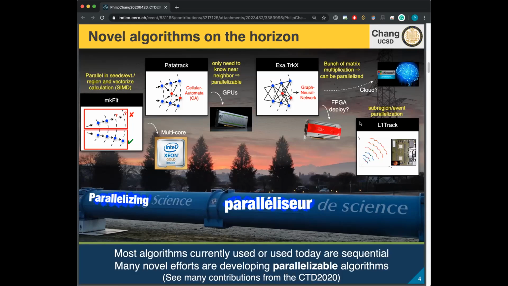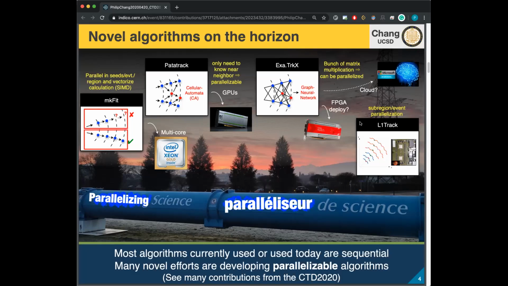Or perhaps more aggressively, people are applying graph neural networks to reconstruct the tracks and thinking about deploying on FPGAs or even on the cloud to parallelize it and run it very fast. And there are also dedicated custom hardware approaches, such as the Allen track or the track triggers in ATLAS as well.